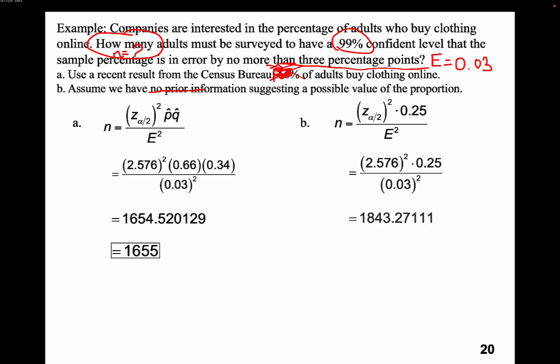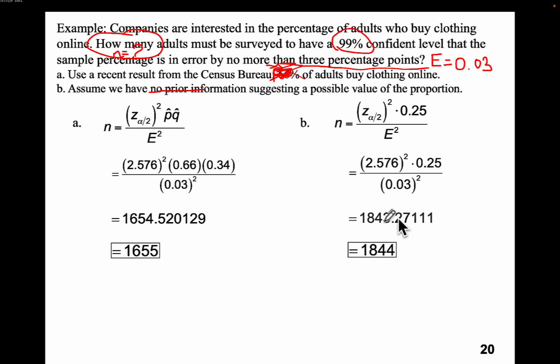Welcome back. If you got 1,843.27111, nice job. If not, maybe you just forgot a squared, so just try that again. And remember, for our sample size, this is the minimum that needs to be sampled. So if we followed the regular rounding rules, this would be closer to 1,843.